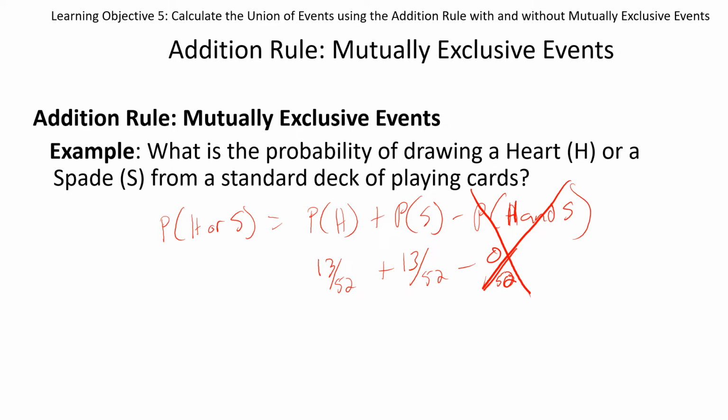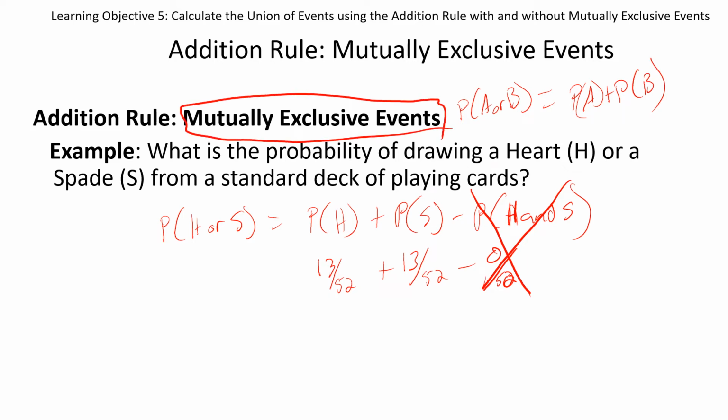And when mutually exclusive, the probability of A or B is just equal to the probability of A plus the probability of B. And in this case, we get 26 out of 52, or 0.50.